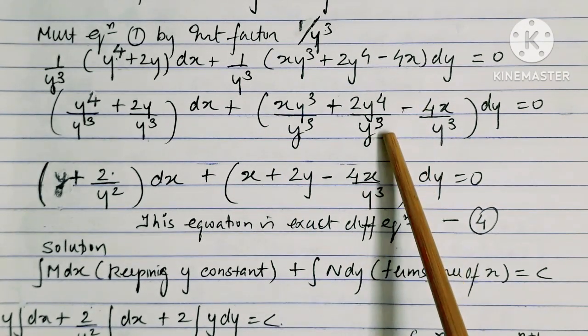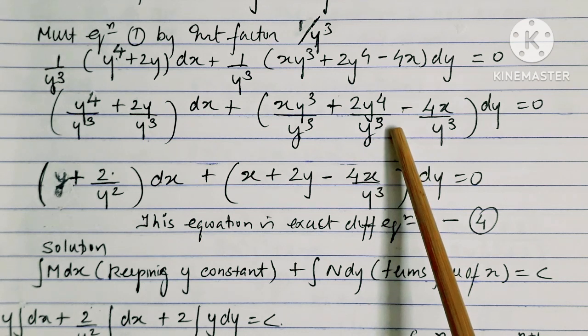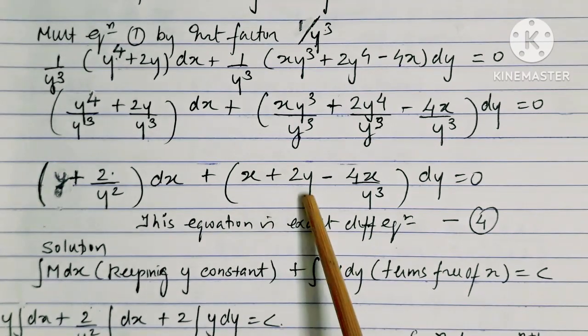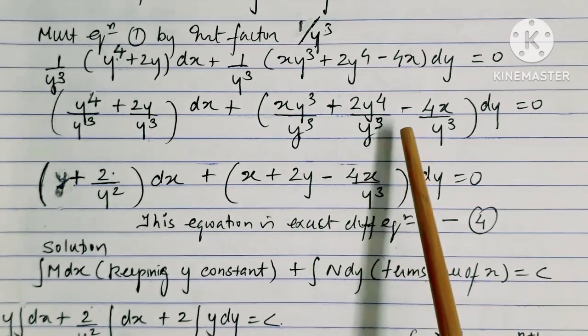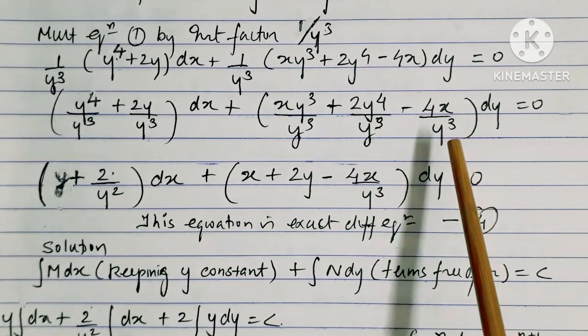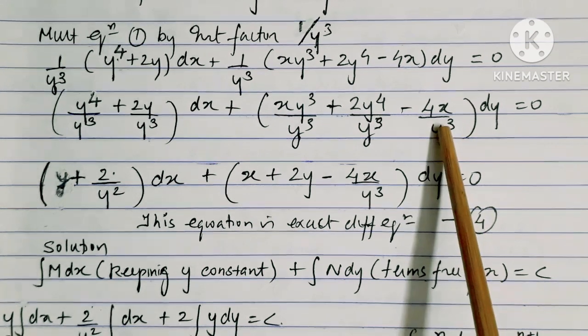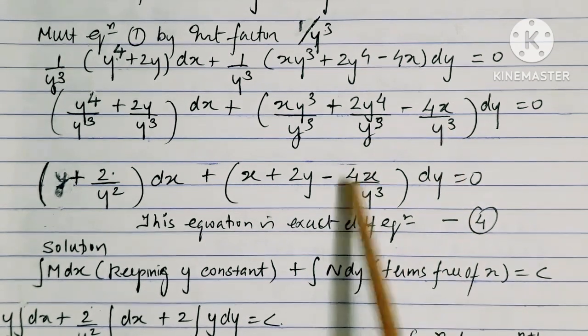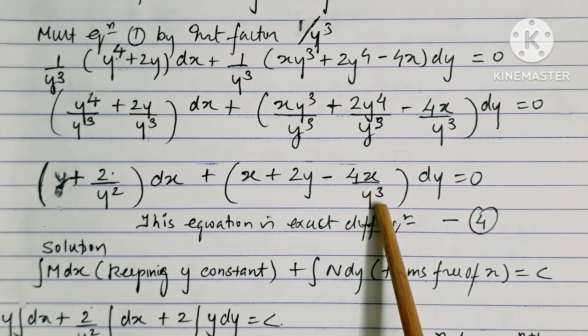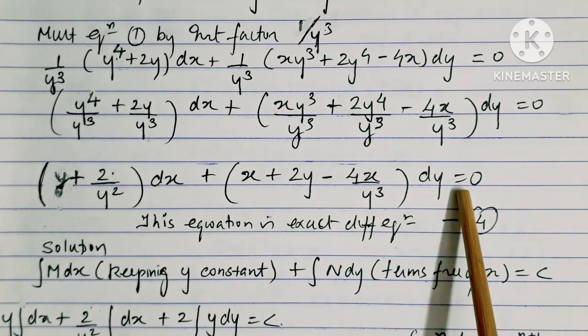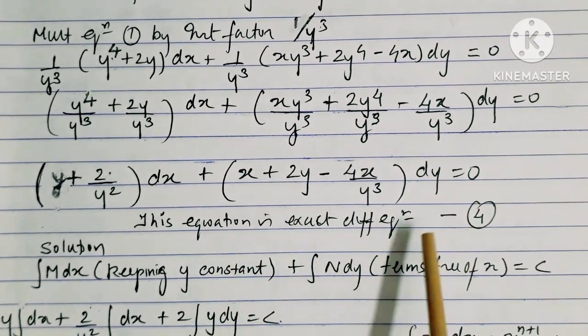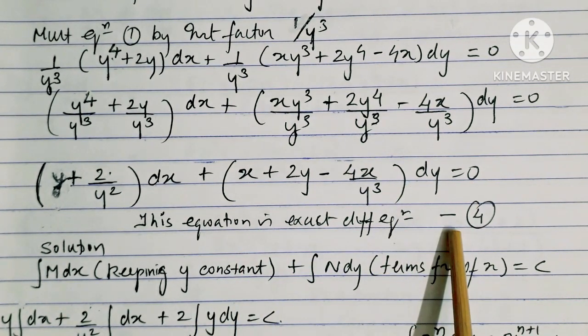Now here y cube will cancel out each other in the numerator and the denominator, and what would be left behind is plus 2y, and since there is no common factor which can cancel out each other here in this term, we will be writing this term as it is. So this would be minus 4x upon y cube dy is equal to 0. We can call this equation number 4.